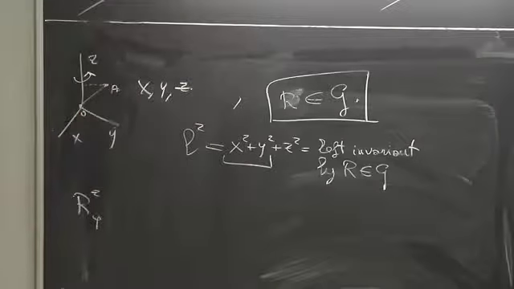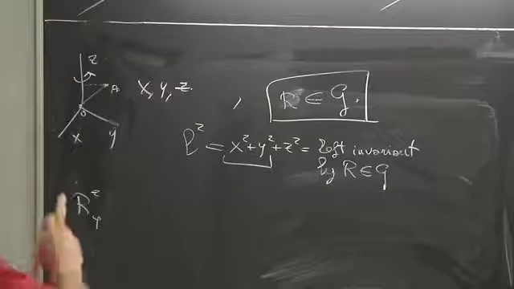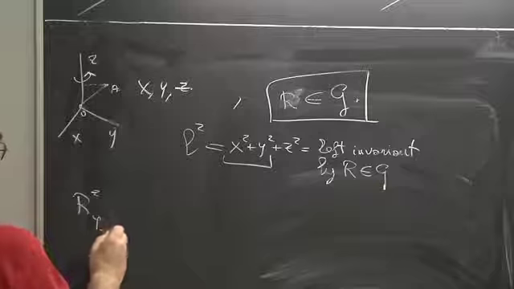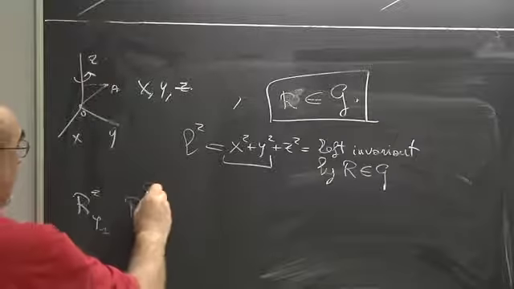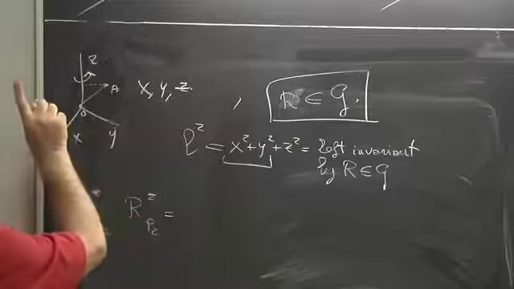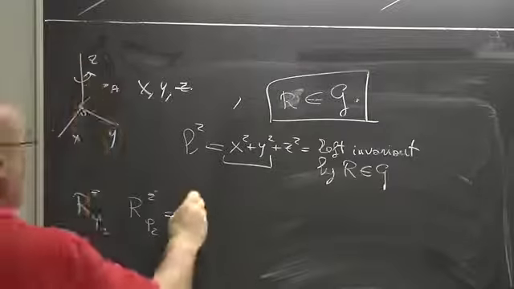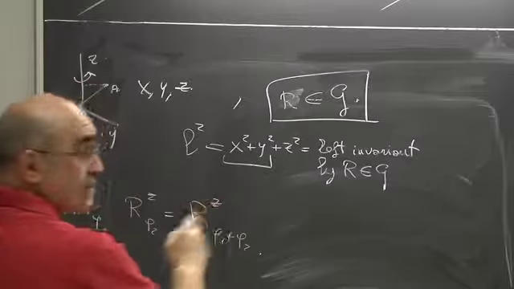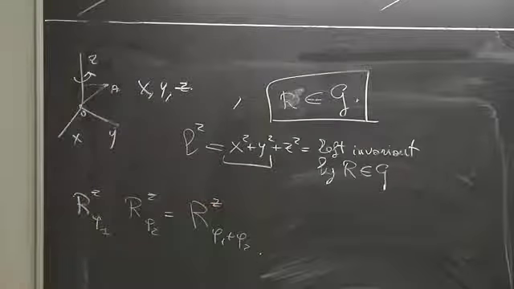Let's simplify things for the moment, and go to the rotation along Z. If we do a rotation of an angle phi 1, and then another rotation of an angle phi 2 along Z, we know that this is a rotation of phi 1 plus phi 2, right? So it has a group structure.